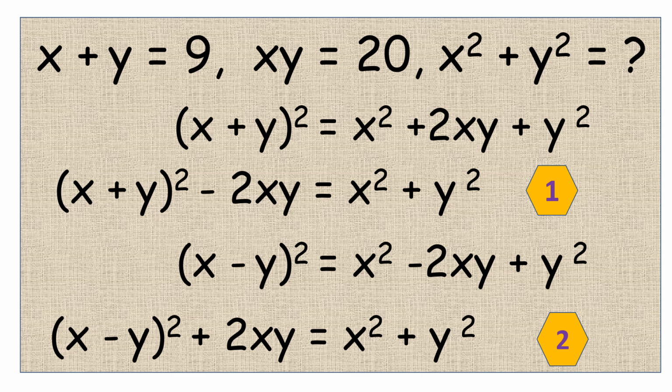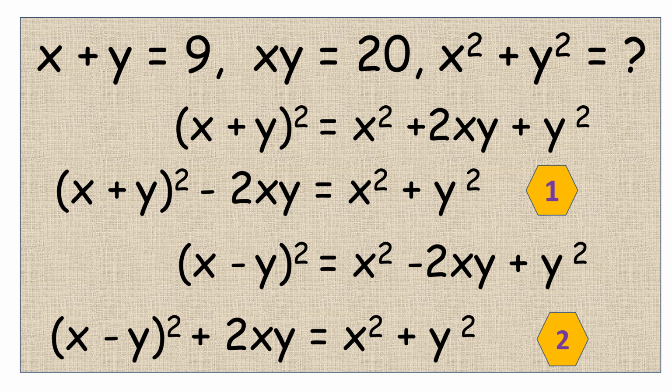Now, before we move to the next slide, look at equation 1 and compare it with what you have on top, the x plus y. Do you have an x plus y in equation 1? Yes, you do. Do you have an xy in equation 1? Yes, you do. Therefore, you can use equation 1 to solve the problem by simple substitution.